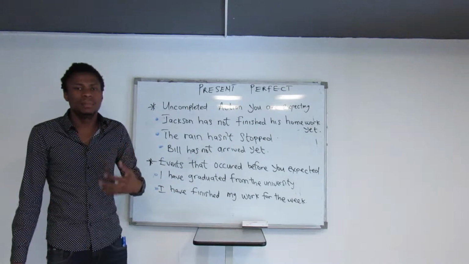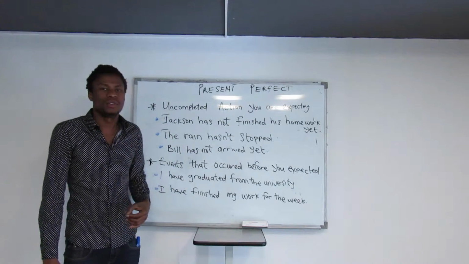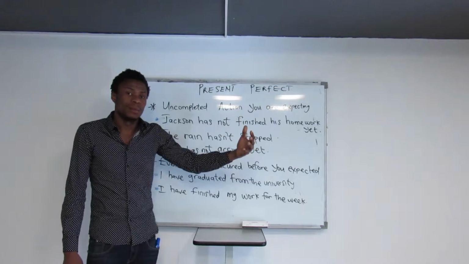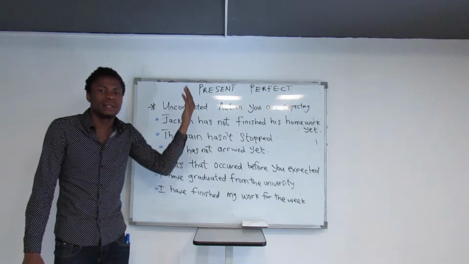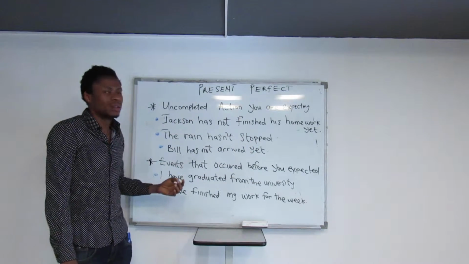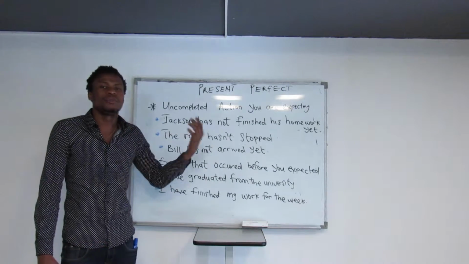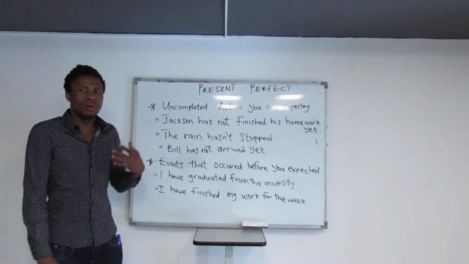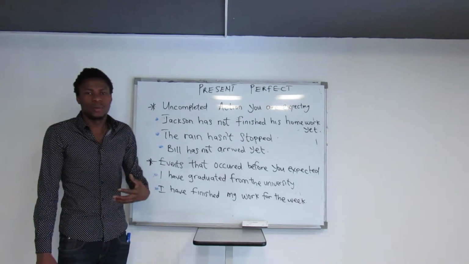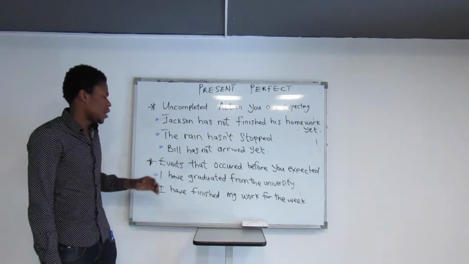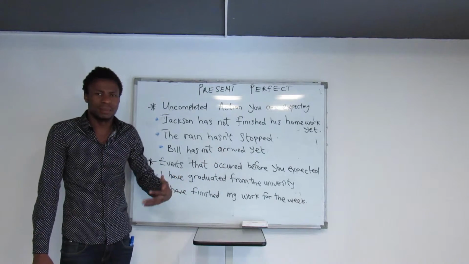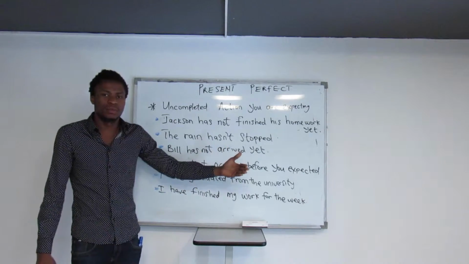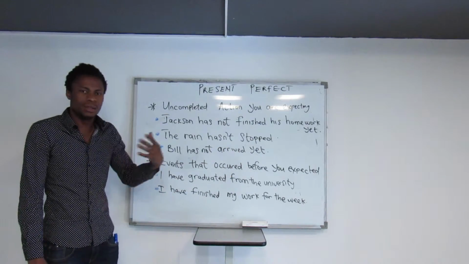Or maybe you wanted to graduate from the university next year, but this year you just graduated very fast. Maybe because you are so intelligent and your university says, okay, this is a certificate, go home. And your mom says, you were supposed to graduate next year, but I said, no, mom, I already graduated from the university. I'm fine. I have graduated from the university. It happened earlier than you expected.